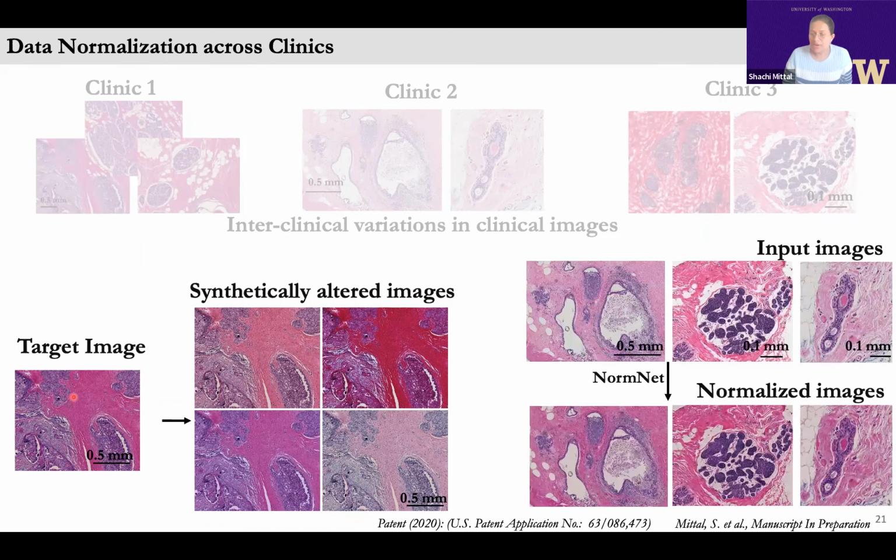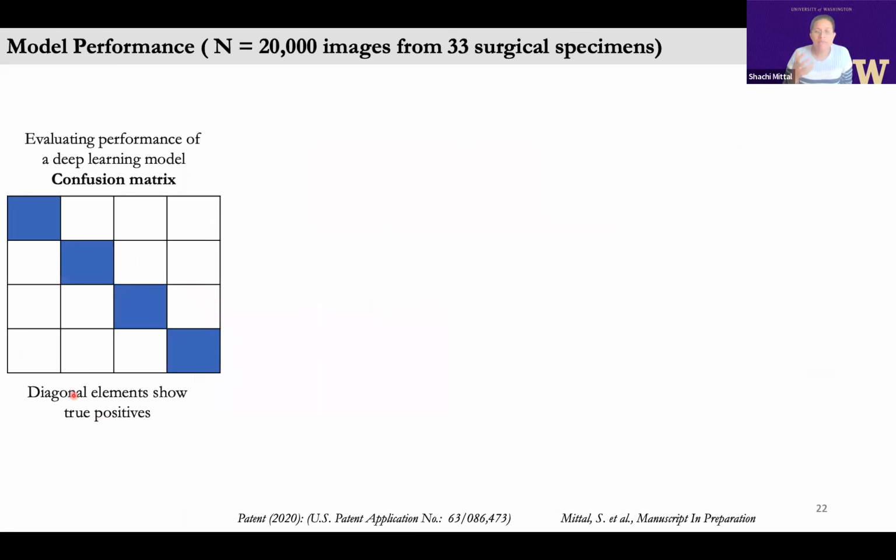So given these input images, this deep learning model is now able to actually normalize for these variations in these images. And based on that, our accuracy numbers actually went up for our external validation, where I'm reporting this in terms of confusion matrix.